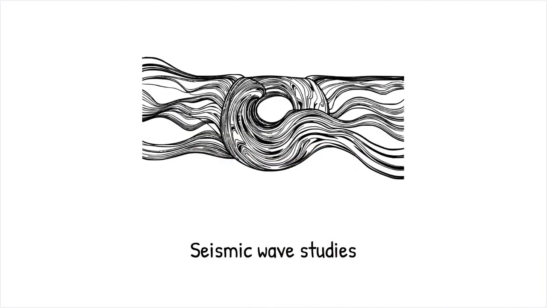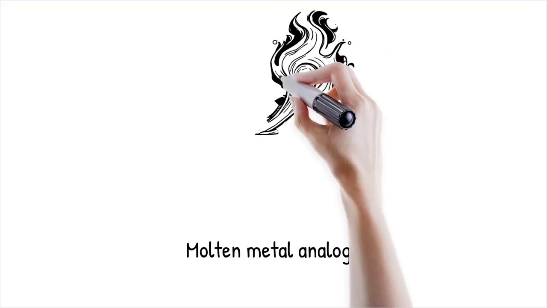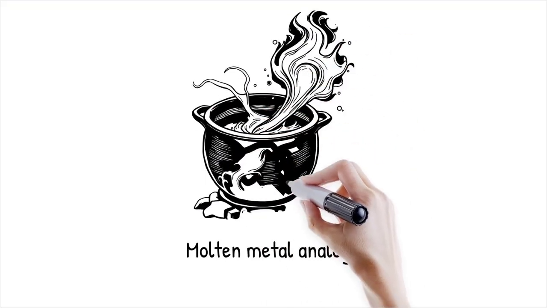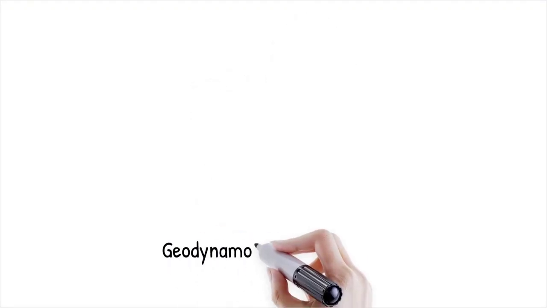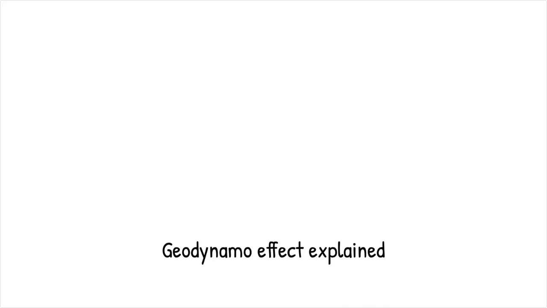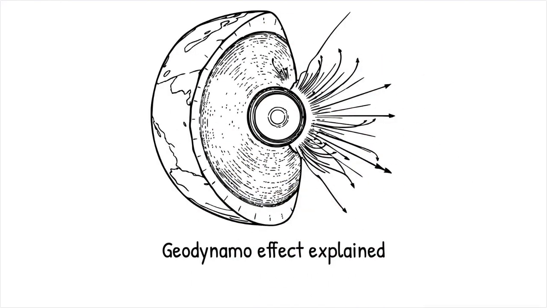It is similar to a rotating pot of molten metal, where swirling currents generate electromagnetic effects, just like an electrical dynamo. The geodynamo effect describes how the movement of conductive liquid iron in the Earth's core generates a self-sustaining magnetic field.